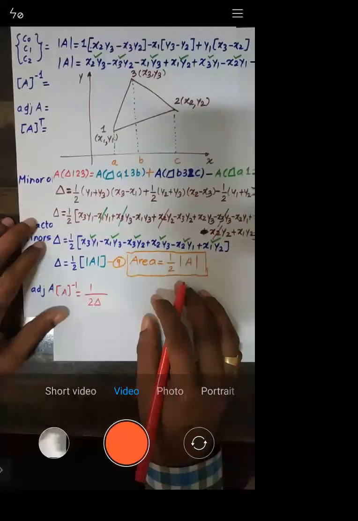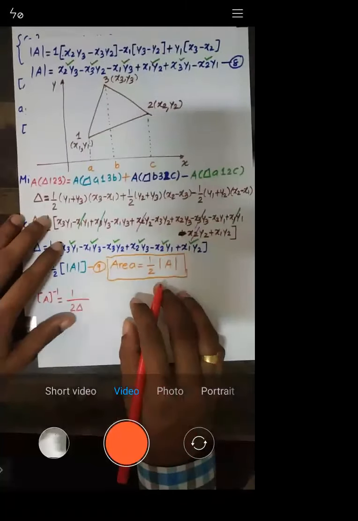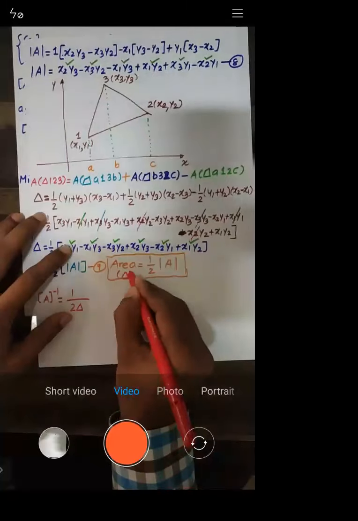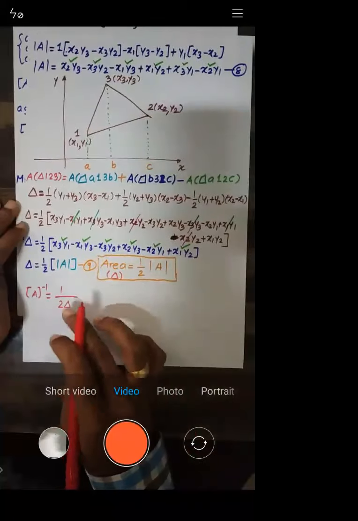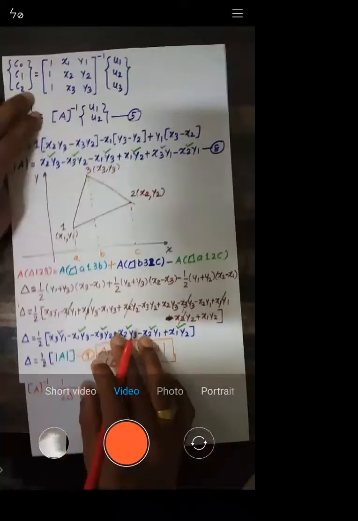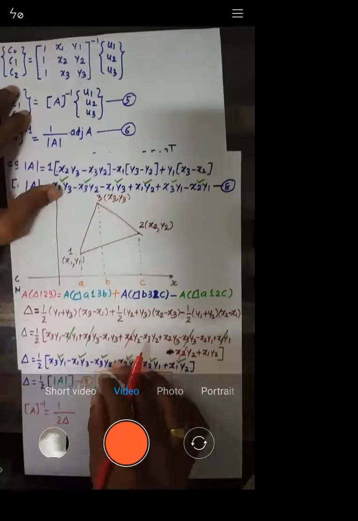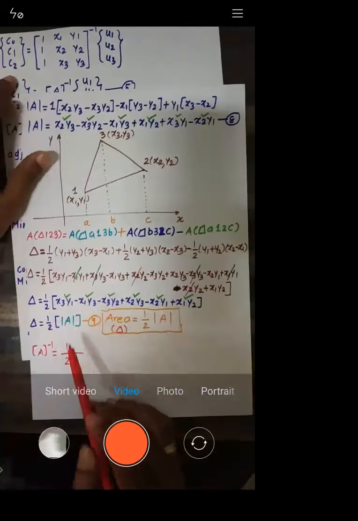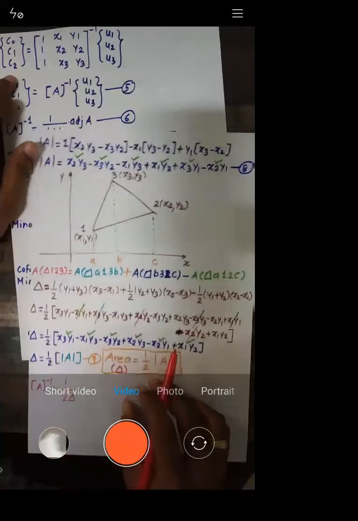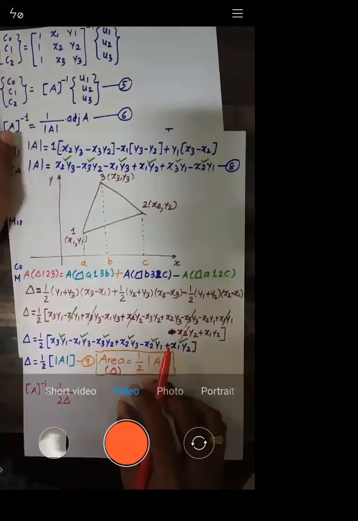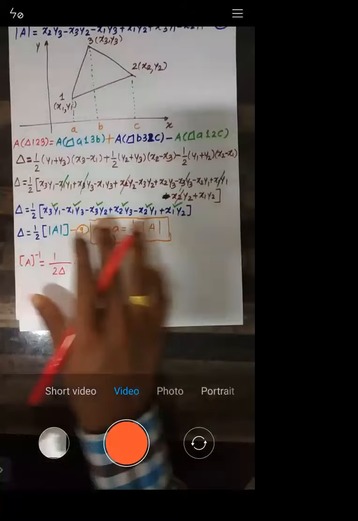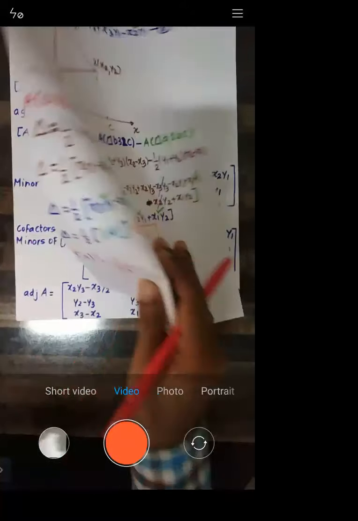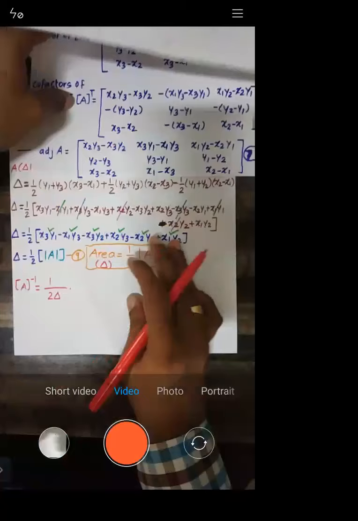See here, if you write down area, it is known as delta, right? So A inverse is given by 1 by mod of A, and mod of A is twice of delta, into adjoint of A. We have calculated adjoint of A here, so I'll copy this matrix as it is.